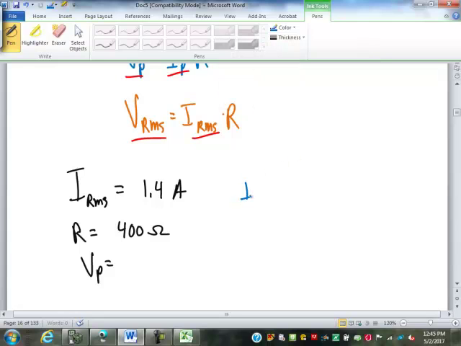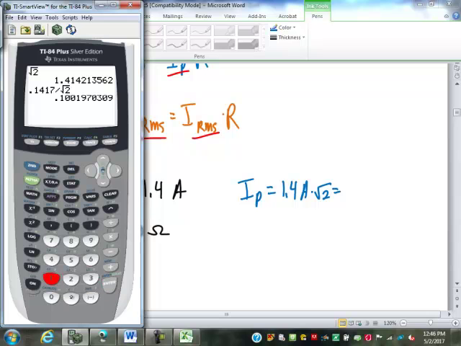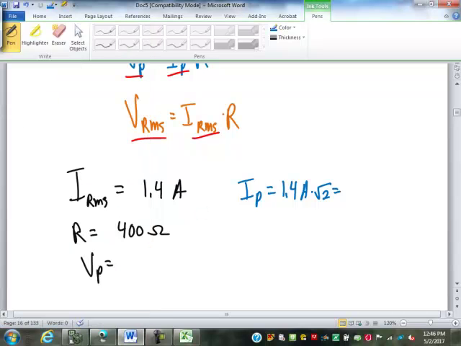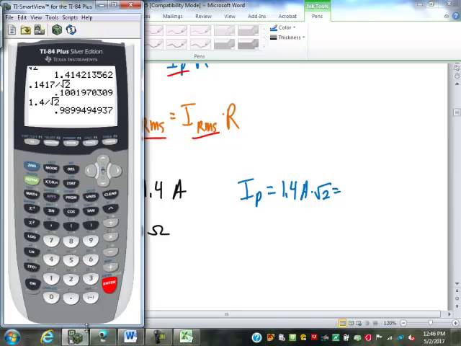Well, I would start out by finding peak current, 1.4 amps times the square root of 2.